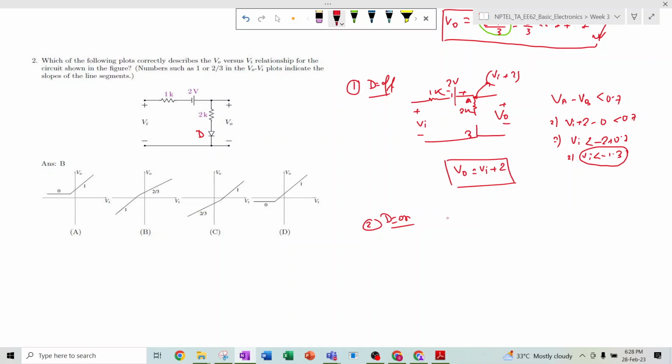if the diode is on, then the equivalent circuit becomes 1K, this is 2 volt, here it is 2K, and we will replace the diode with a 0.7 volt potential. Here it is VO, the output voltage, and this is the input voltage, right?